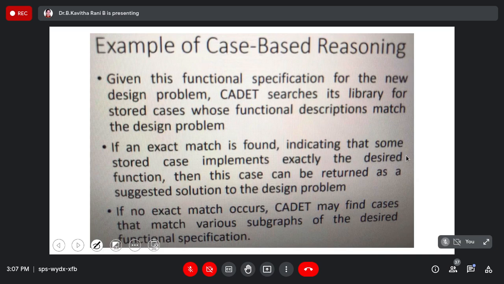If no exact match occurs, CADET may find cases that match various subgraphs of the desired functional specification. So what will CADET do? If the data does not match the new one exactly, it checks whether some similarity is there in the previous ones or not. If any similarity is there, that will be collected from that.